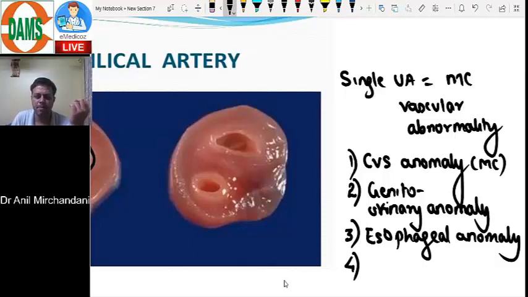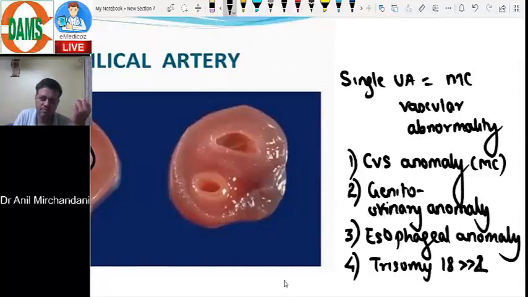Then trisomy 18 more than trisomy 21. It is associated with both trisomies, but 18 more than 21. Cases of trisomy 18 would have a high chance of single umbilical artery.